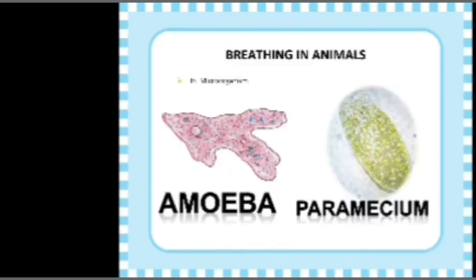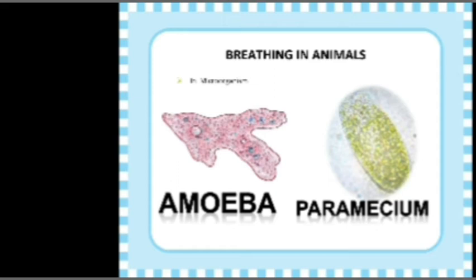Now I am going to tell you about breathing in animals. Animals need air to breathe. We take oxygen from the air and give out carbon dioxide. Many animals breathe in different manners.